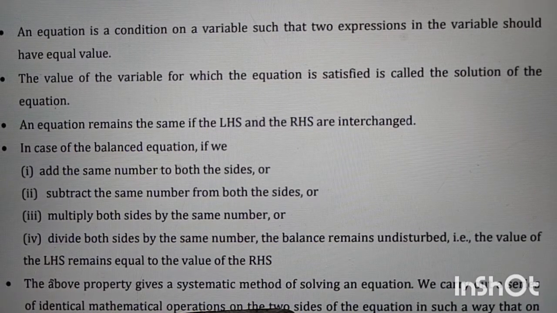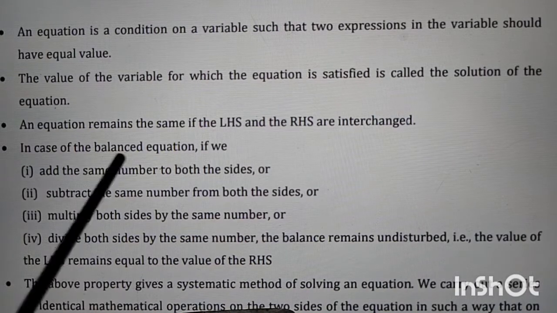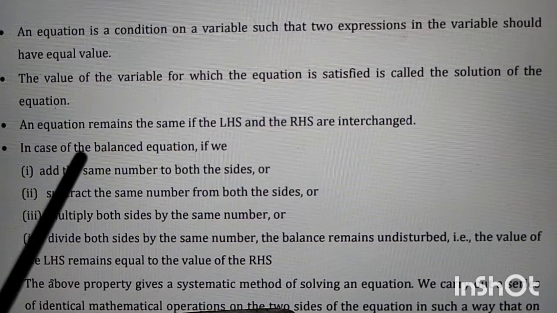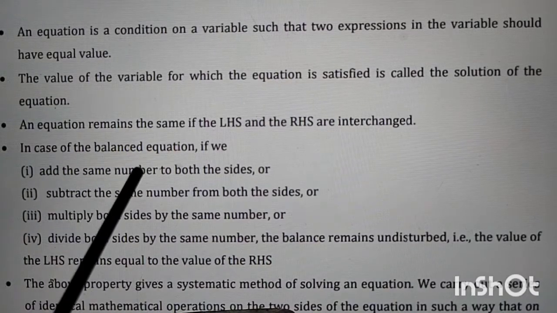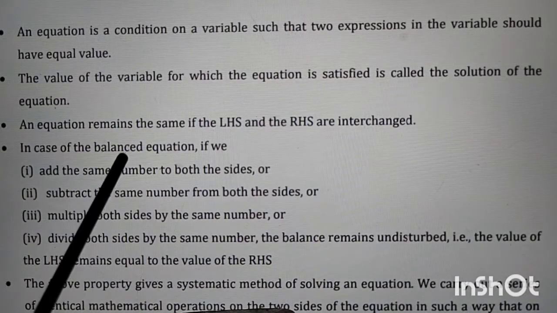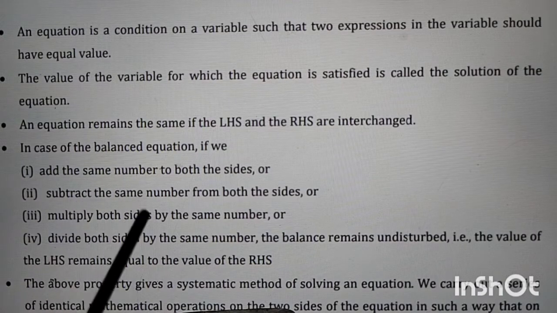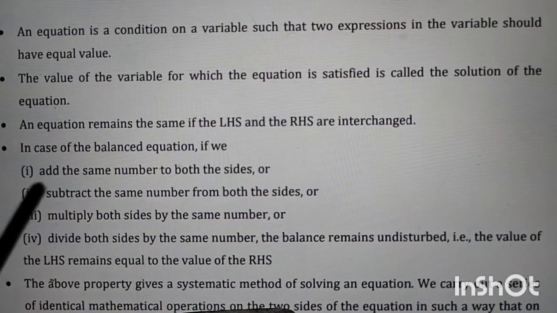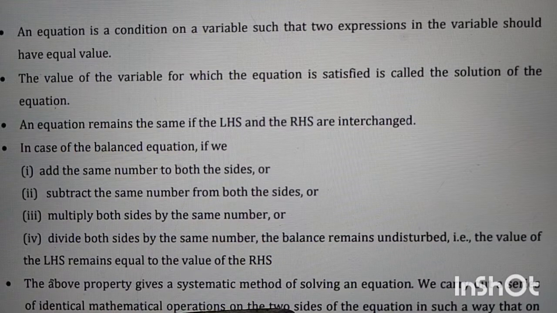That is, the value of the left hand side remains equal to the value of the right hand side. So the equation is always a balanced equation. It means we can add, we can subtract, we can multiply and we can divide. But it is important that we must apply all the operations on both sides. Only then the equation is satisfied.